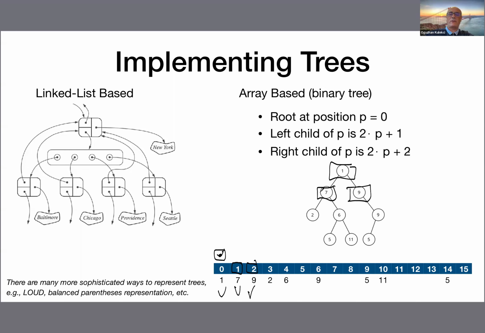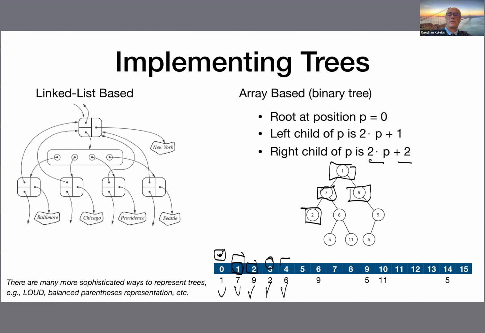Good. Then how about the left and right child of 7? Okay, so 7 is at position 1. 2 times 1 is equal to 2, plus 1 is equal to 3. At position 3, I will accommodate the left child of 7, which is 2. And at position 4, why? Because 2 times 1 is equal to 2, plus 2 is equal to 4. So that makes 6.